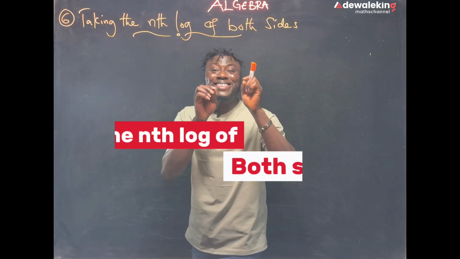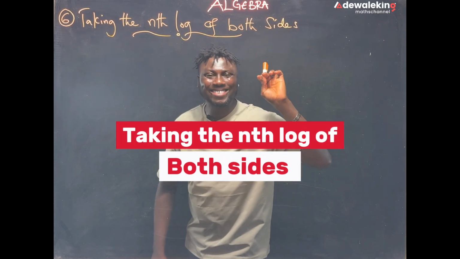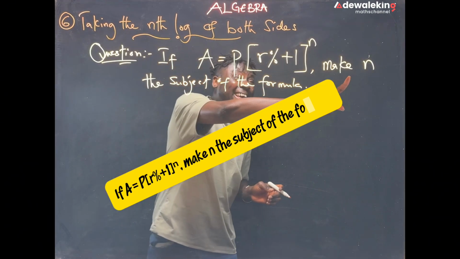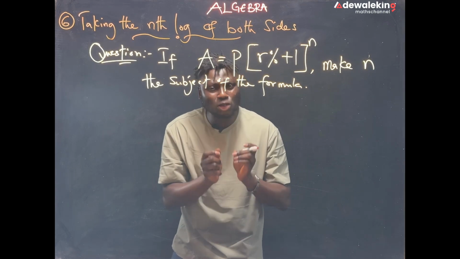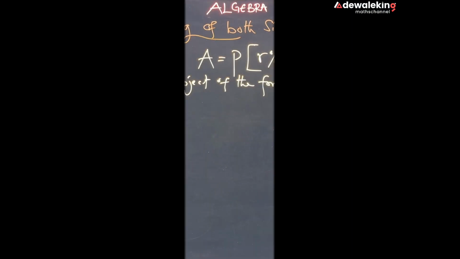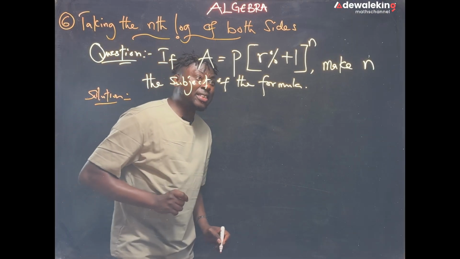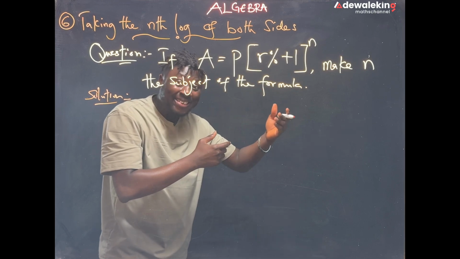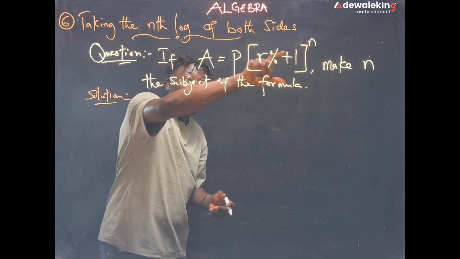6. Taking the nth log of both sides. Given this question, to make n the subject of the formula, this is how to go about it. You say solution. You can see that the n here is an exponent or superscript or a power in this equation.